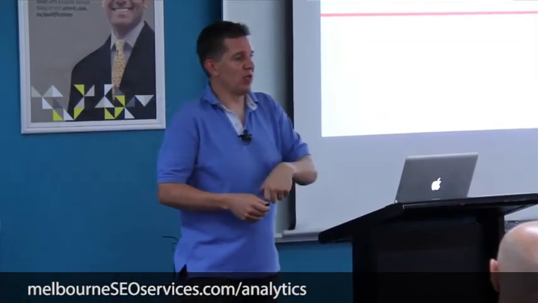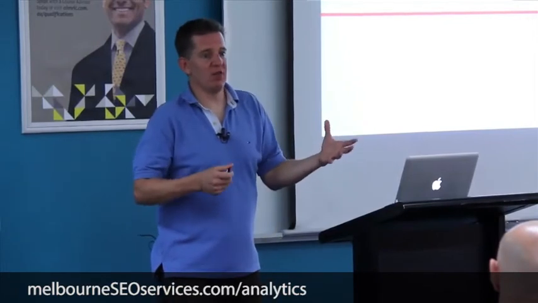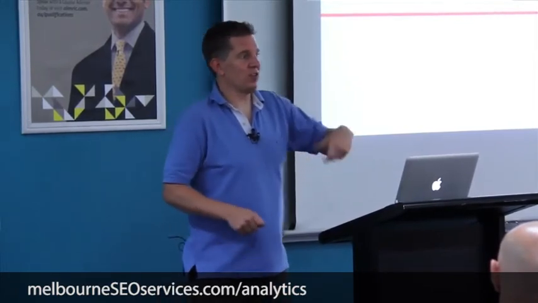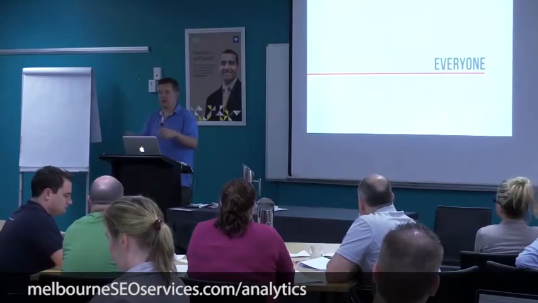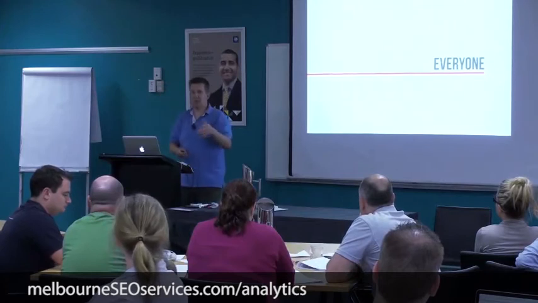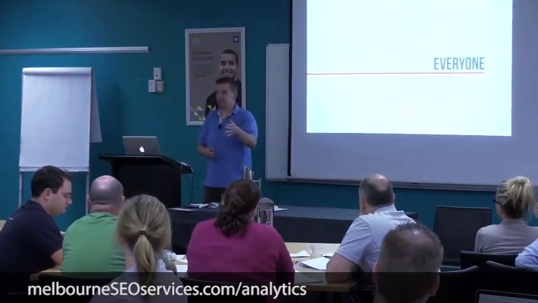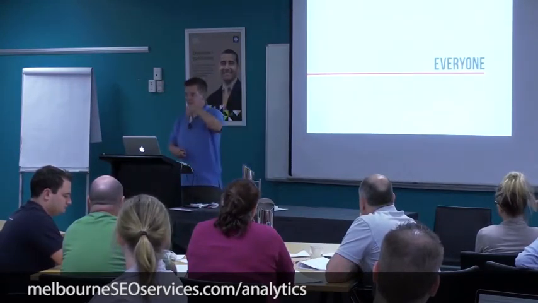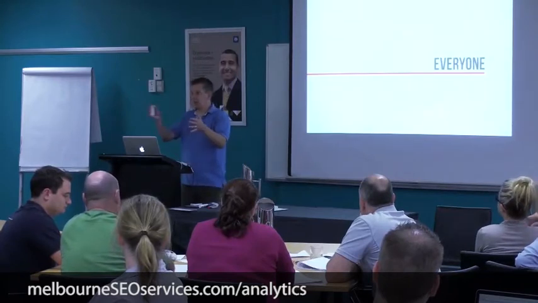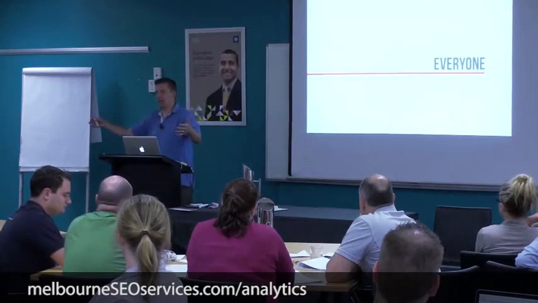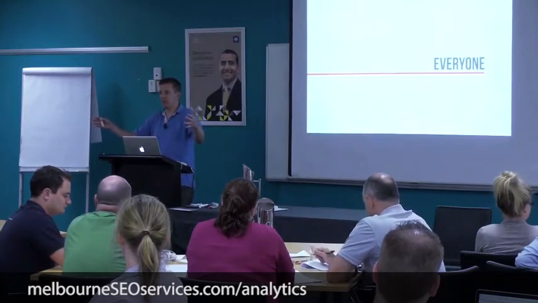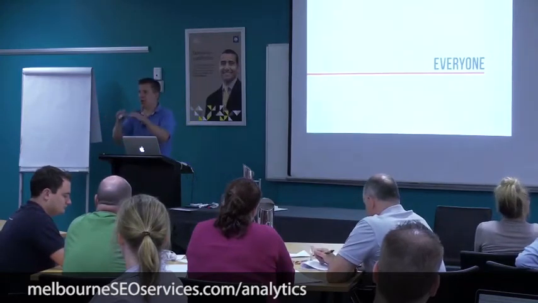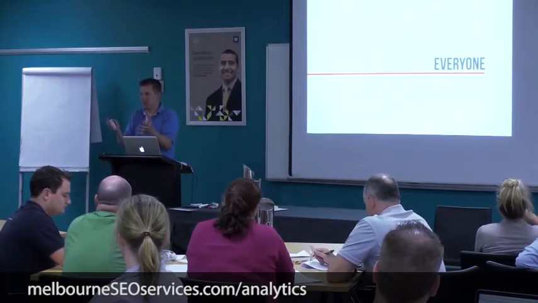Now, you can build these lists up to 540 days, so a year and a half. Until someone clears that cookie from their computer, they're going to stay on your list. If they come back to your website after 3 months, they go back to the beginning of the list. Day 1, day 2, so they go back to the beginning. After 30 days, after 540 days, however long you've set the duration of that list at, they fall off the list. They're no longer in that little audience. Does that make sense?